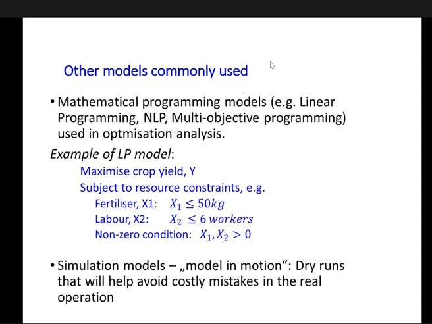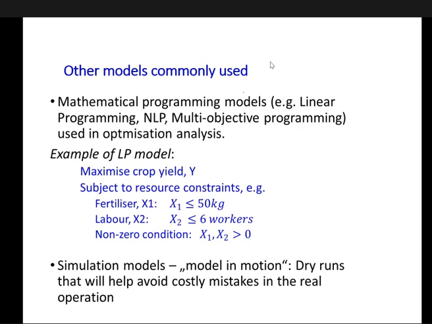And when you increase X2, then the Y will also increase or decrease. Increasing X1 or X2 will result in increasing or decreasing levels of Y. Either way, there is a linear relationship.